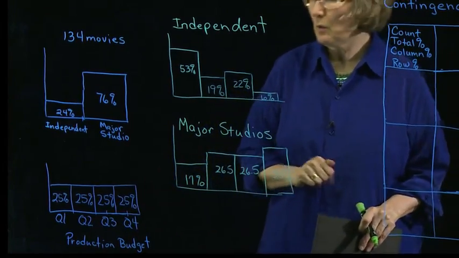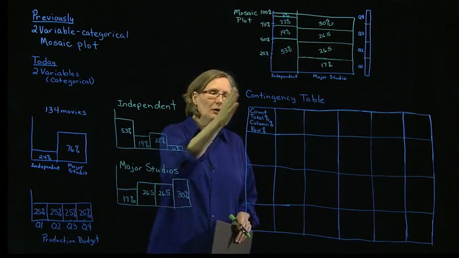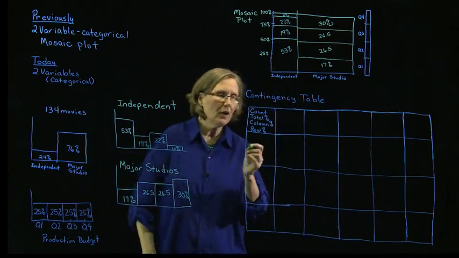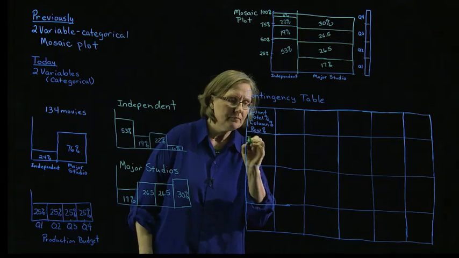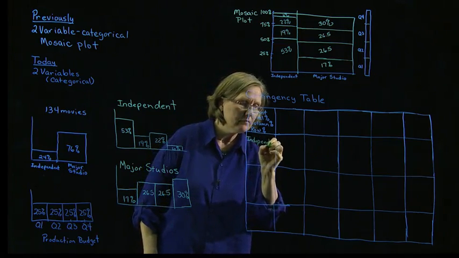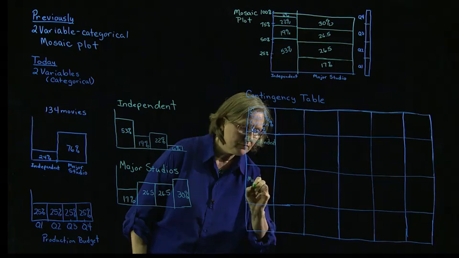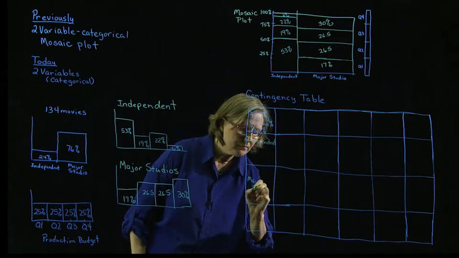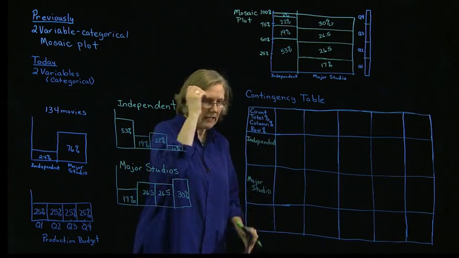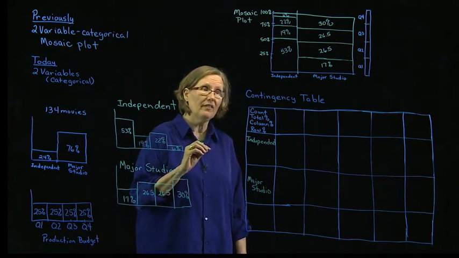To do our contingency table, I'm going to let the rows of my table be whether the studio was independent or whether it was a major studio. My contingency table is going to contain 4 sets of numbers when we finish.